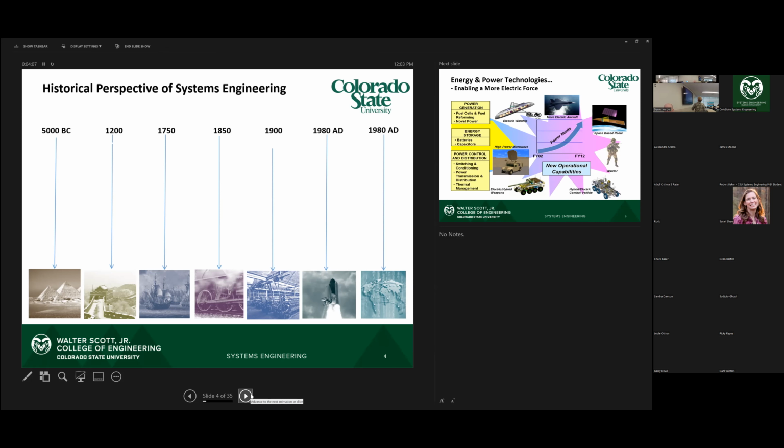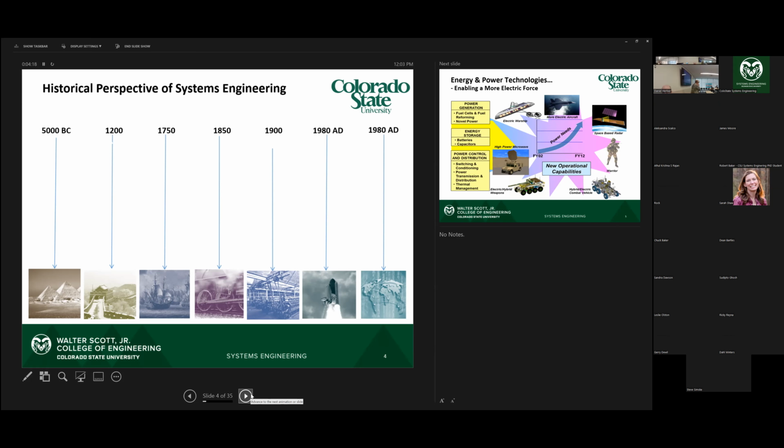And then in the 1200s, you can see the Great Wall of China was also using program management and systems engineering. In 1750, they started trying to apply types of systems engineering to building boats. Now, it worked pretty well until the people that were actually funding the boats, most of the kings, wanted some certain things of their own, and they would make requirements change at the very last minute.